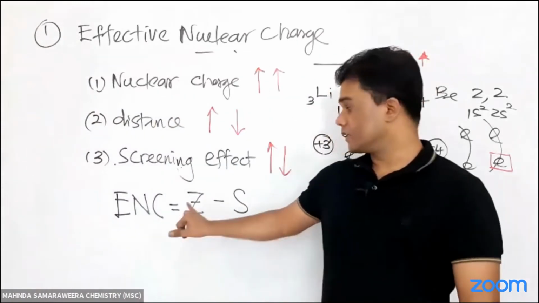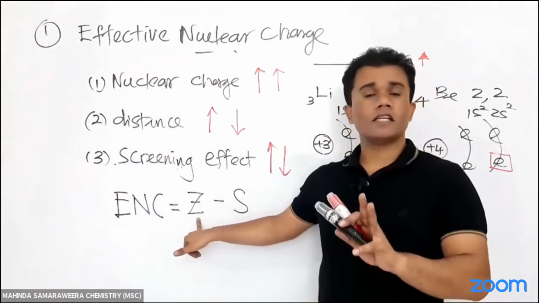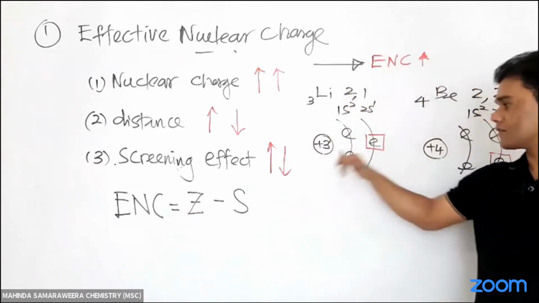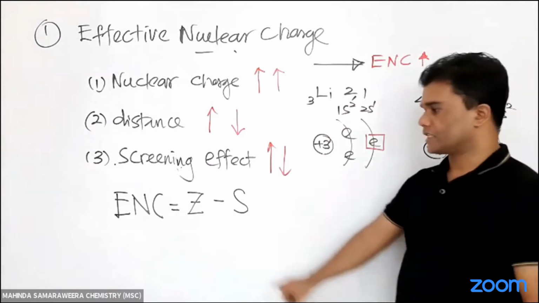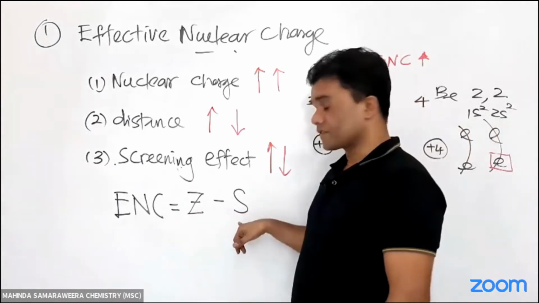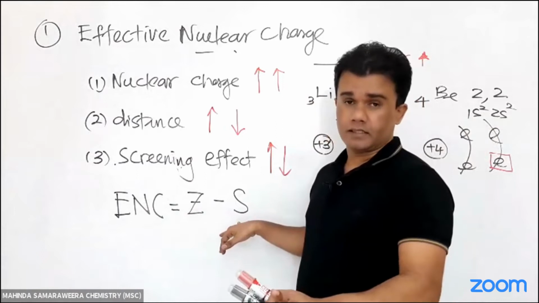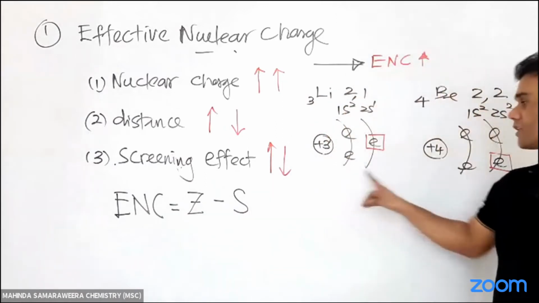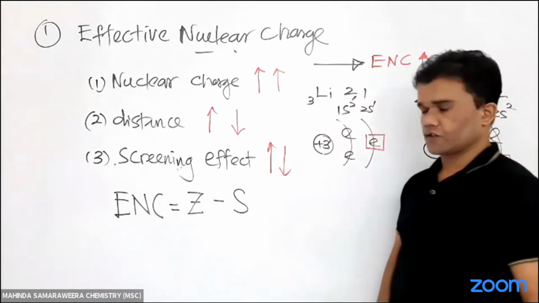So what is Z? Z is the nuclear charge. Nuclear charge means whether +3 or +4. That's Z. S is the screening effect or shielding effect. That means the number of electrons in the inner energy level is actually S.